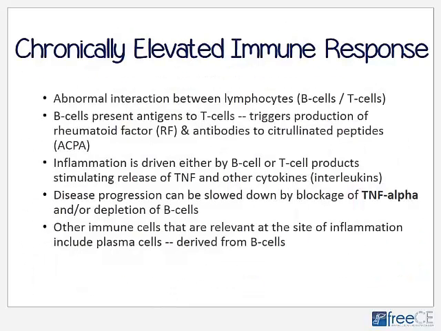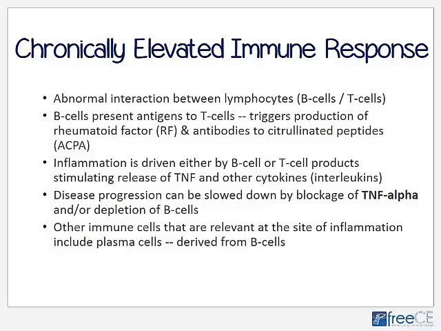RA involves chronically elevated immune response characterized by a number of factors. Mainly, abnormal interaction between lymphocytes or white blood cells, particularly B cells and T cells. Essentially, the B cells present antigens to the T cells, and this triggers production of rheumatoid factor.